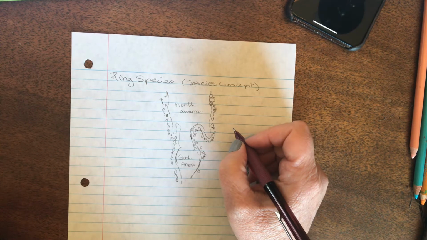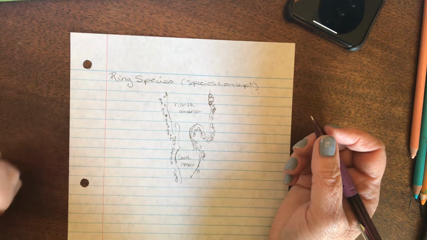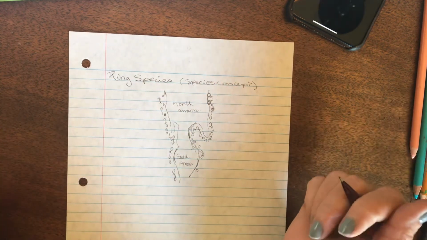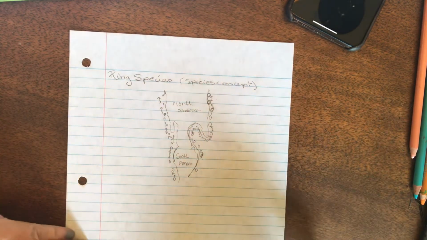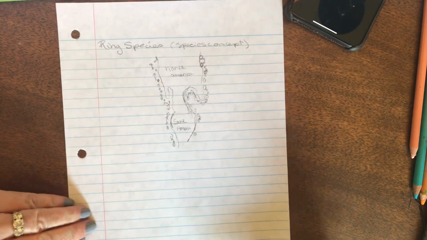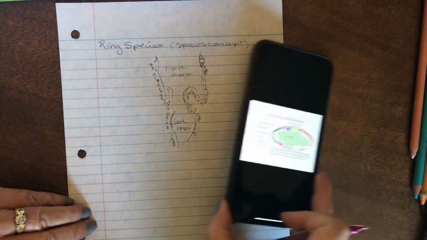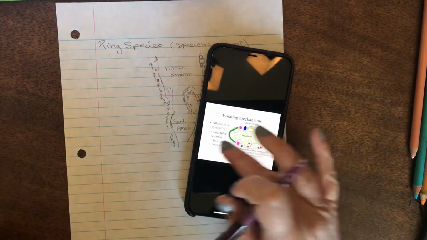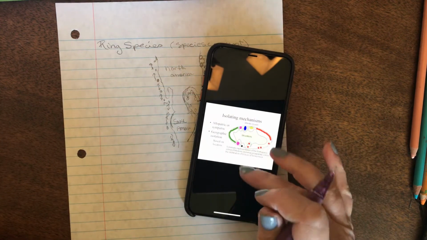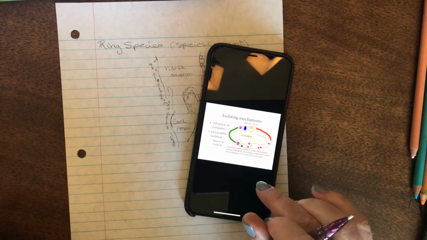So we are going to leave that out there for you to realize that there's some gray areas out there in biology. Okay, our next topic is to talk about isolating mechanisms.